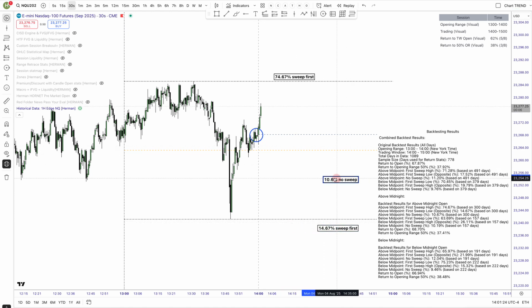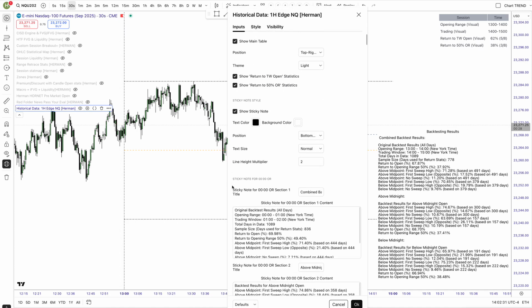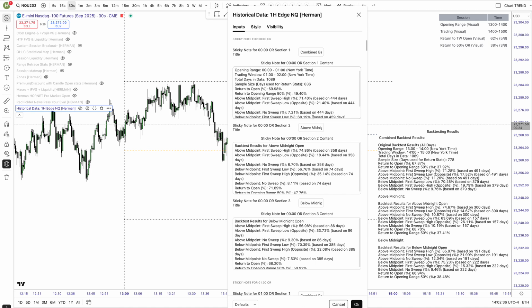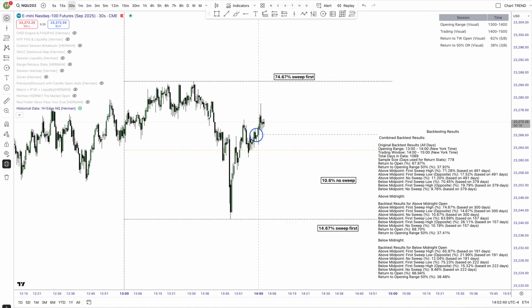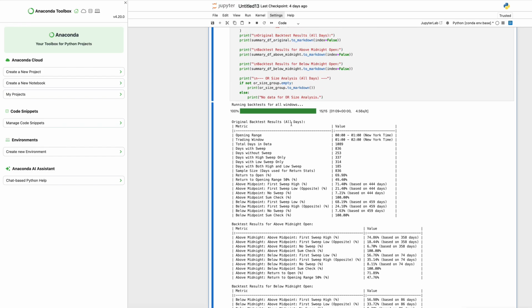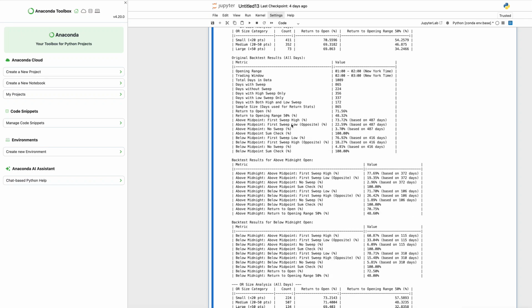So silver bullet started in here, and let's see what's going to happen. All of those statistics are being copied into the indicator for every single hour for combined above and below midnight, and they are being copied in here from the Jupyter analyzing the historical data.